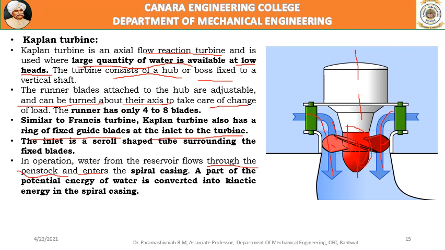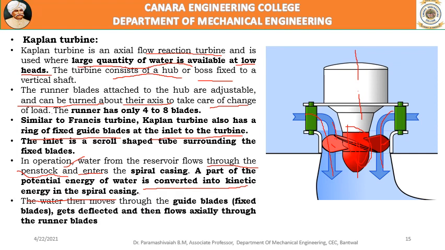The water enters the spiral casing at the end of the penstock. A part of the potential energy of water is converted into kinetic energy in the spiral casing itself. Then the water moves through the guide blades or the stationary blades, gets deflected, and then flows axially through the runner.